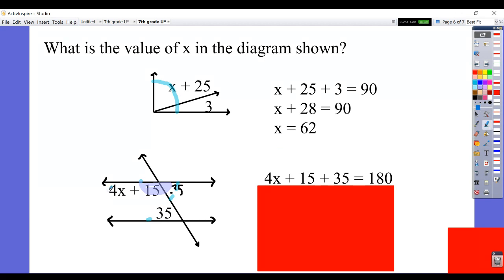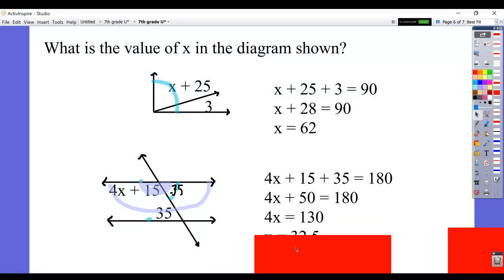Okay, so since these two together equal 180, 4x plus 15 plus 35 would equal 180, and then we can solve again algebraically. Right. So when you solve, you can go through your steps and get your answer. Don't let it throw you off that we might get a decimal answer.